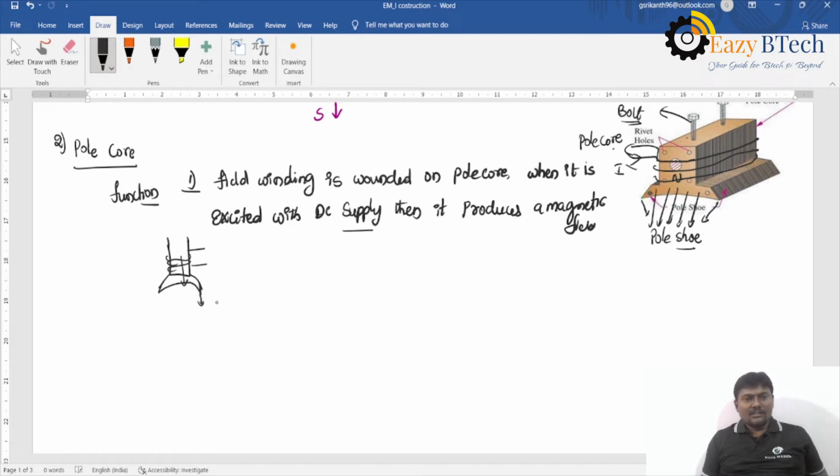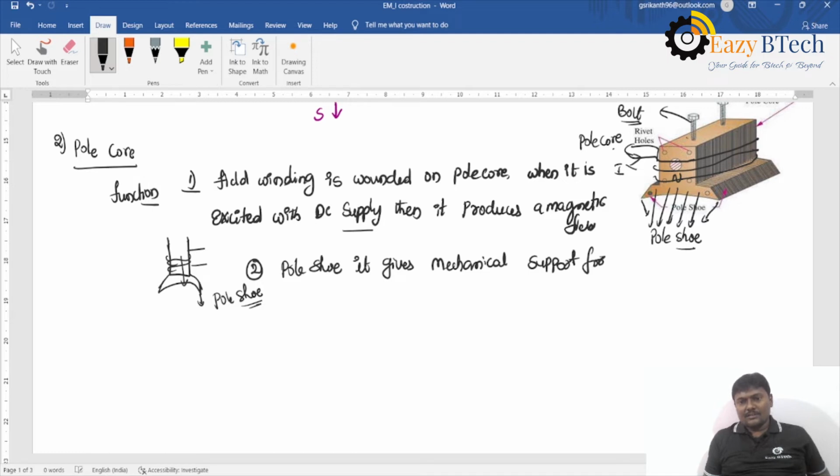For that, we provide a mechanical support with the help of the pole shoe. The pole shoe gives mechanical support for the field winding.